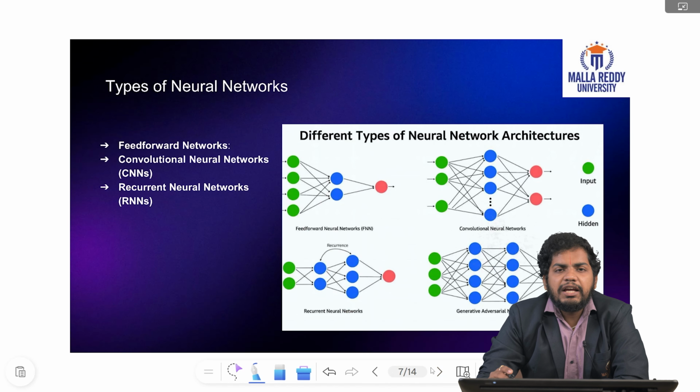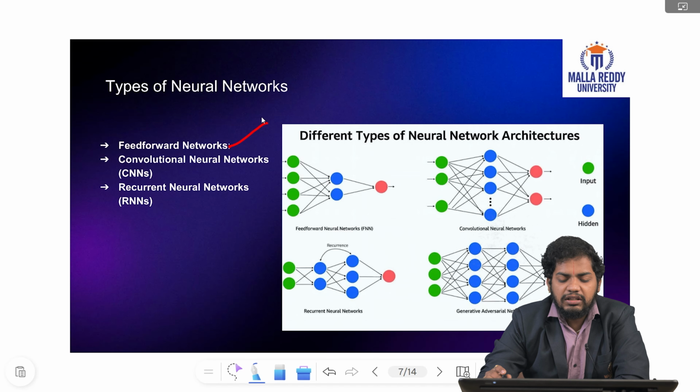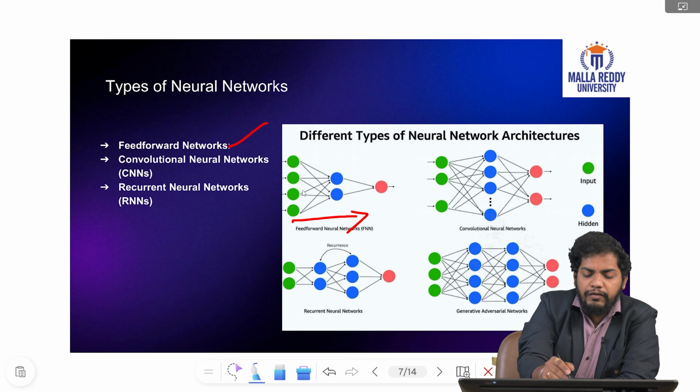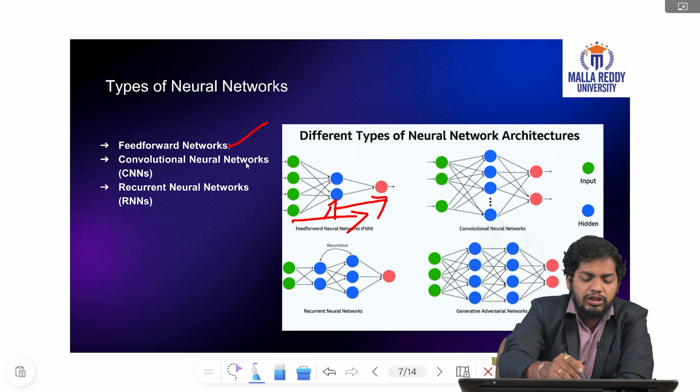So there are different types of neural networks for different usages. There are feed forward neural networks, which are for the basic understanding of every hidden state. This is a simple one-way flow where the input layer gives information to hidden layers and hidden layers give it to the output layer. Next we have convolutional neural networks.